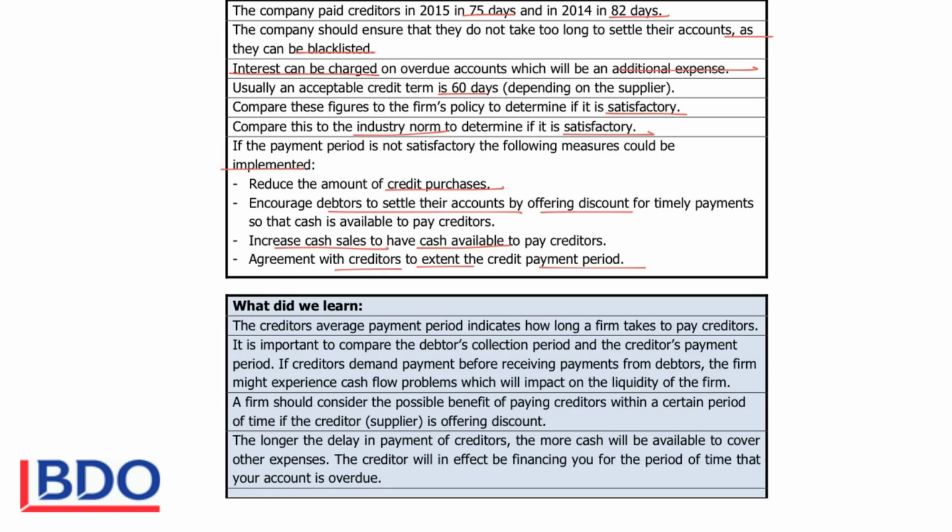The creditors' average payment period indicates how long it takes the firm to pay the creditors. It is important to compare the debtors' collection period and the creditors' payment period, because if the creditors demand payment before we receive money from the debtors, you will experience cash flow problems because you will not receive the money in time from your debtors to pay the creditors, and that will have a very huge impact on the liquidity of the business.